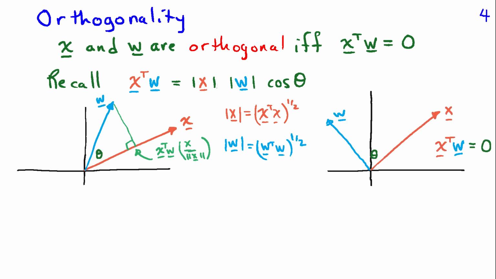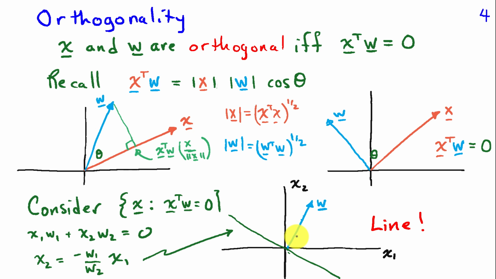So if the two vectors are orthogonal, in other words, x transpose w is equal to 0, then this angle is 90 degrees, or pi over 2 radians, because cosine of pi over 2 radians is exactly 0. And the vectors still have non-zero length, but since the inner product is 0, that means the cosine of the angle has to be 0.